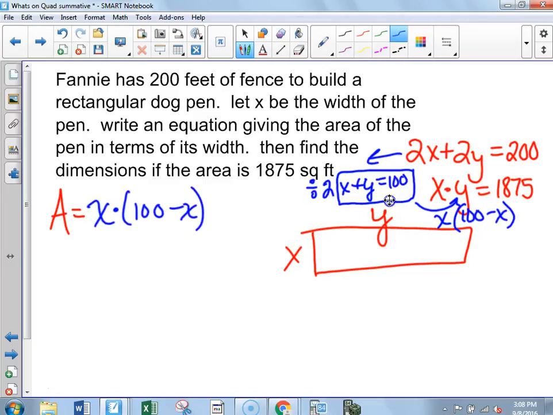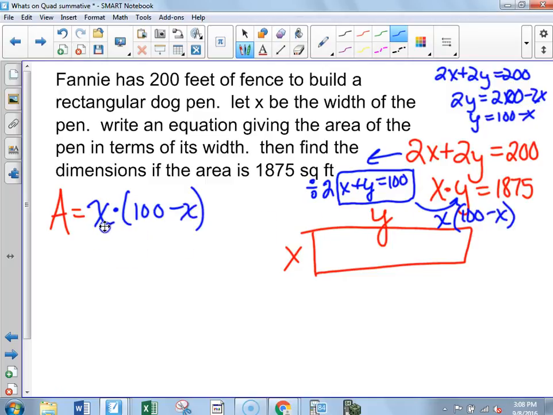Do you need me to write it out better? 2x plus 2y equals 200. If I subtracted this over, I'd have 2y equals 200 minus 2x. Then I divide it out by 2, I'd get 100 minus x. Everybody okay? That's what I did. Is that a better explanation?